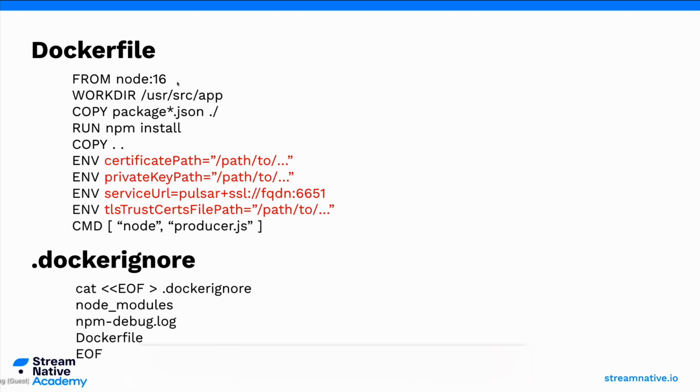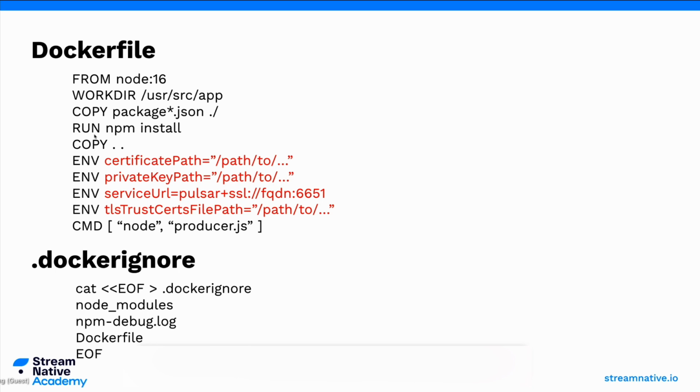The base image is node 16, you define the working directory, and you copy the package.json. Then you run npm install, which will find the package.json that includes the Pulsar client, and it will install the Pulsar client.